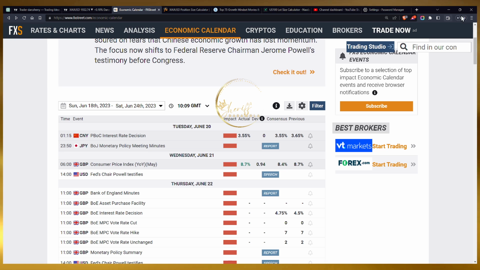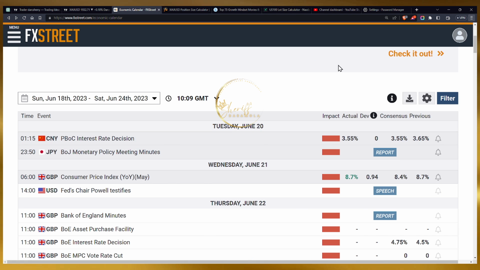So for today, let me zoom this in a little bit so that we can see things clearly. So for today, Wednesday, June 21st, we have the consumer price index, though this has already happened earlier today, as we saw data came in just as the previous data, that is at 8.7%, which is actually obviously beyond expectations here, giving us a positive variance of 0.94.